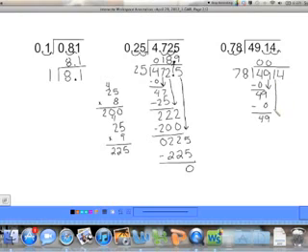But 78 can fit into 491. Now, 78 multiplication facts probably aren't coming to the top of your head, so you probably had to do a little bit of extra work off to the side, but let's use some estimating here.